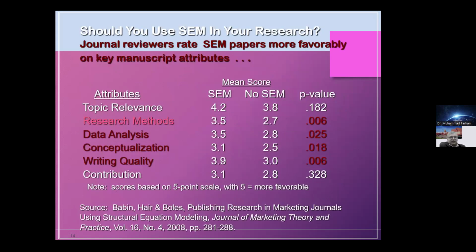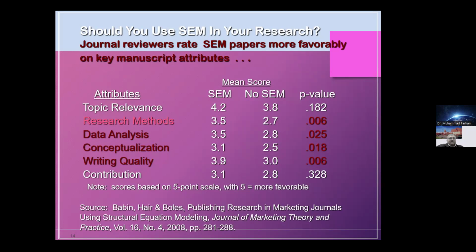It's a comparison on the basis of studies in the social sciences, done in management sciences as well. You can see the comparison of those studies where structural equation modeling was used as the methodology and the studies where no structural equation modeling was used.